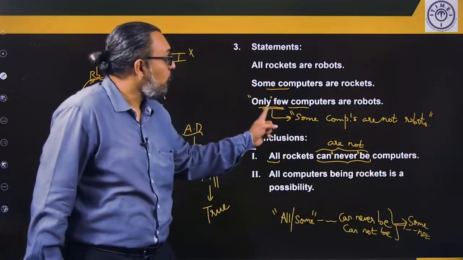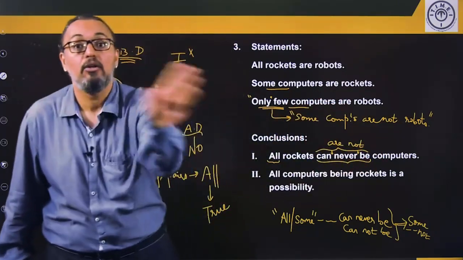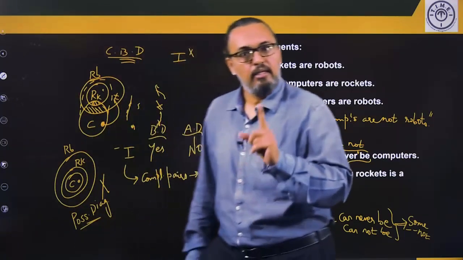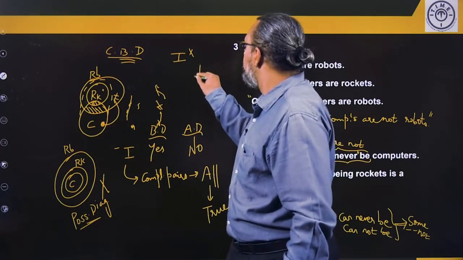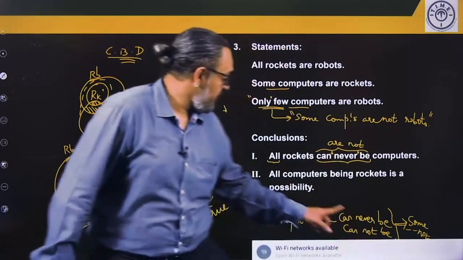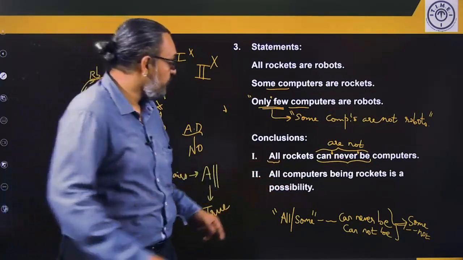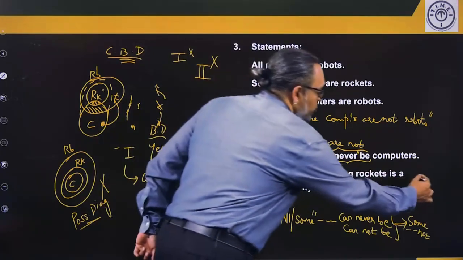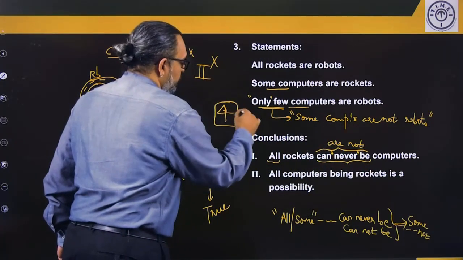I don't want that. I want only some computers are robots, which means there should be some computers that are not robots. So this is not possible. Means conclusion 2 also fails because it says it is a possibility. It is not possible. So, you give it as neither 1 nor 2. So, choice 4 is what we give as the answer for this.